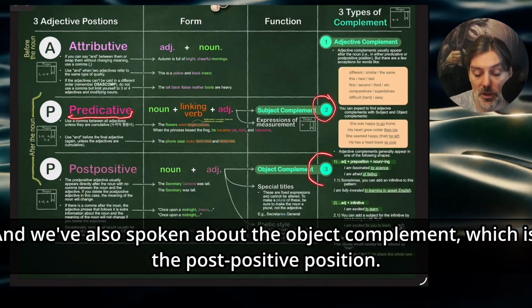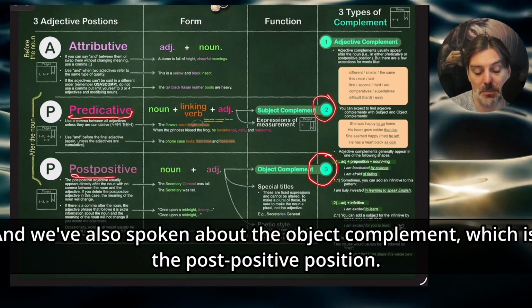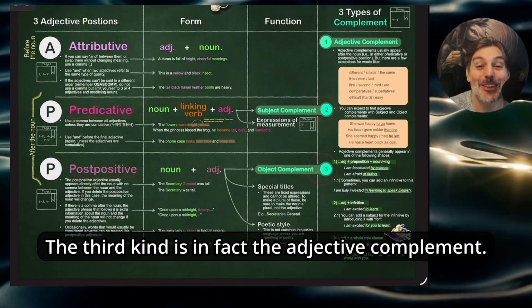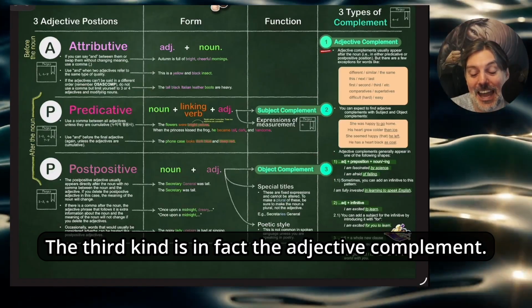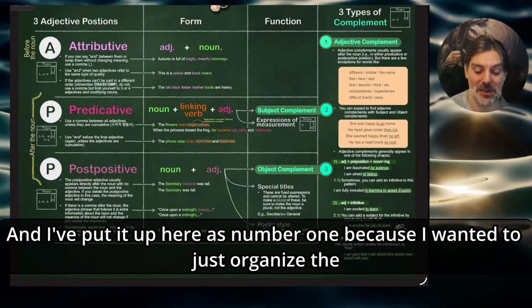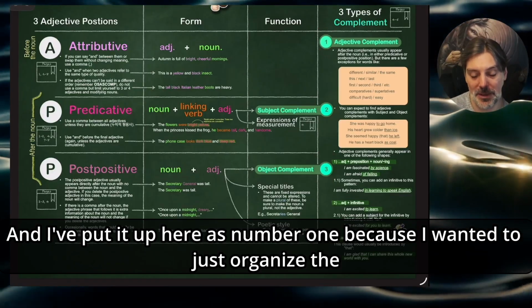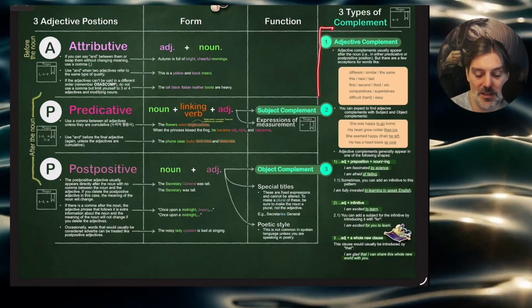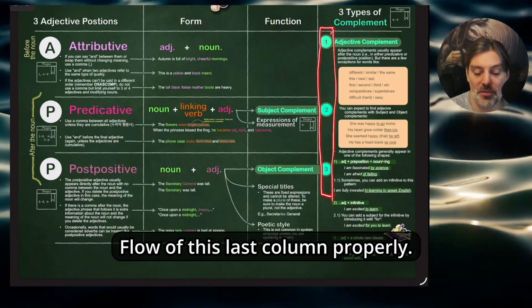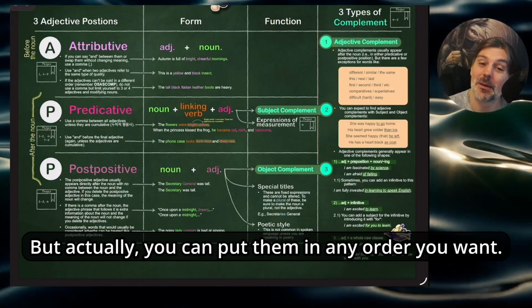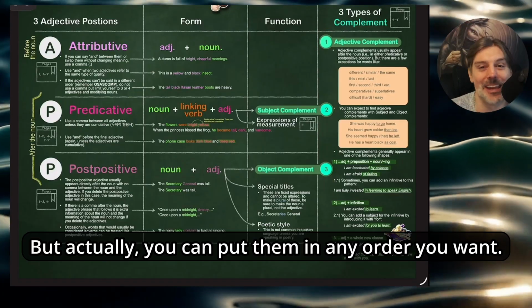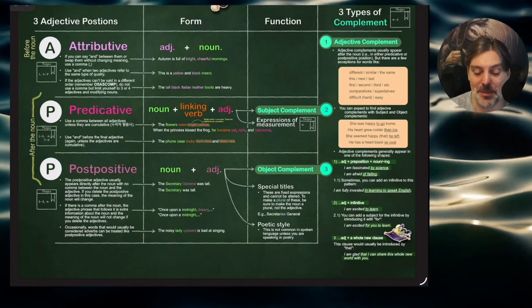And we've also spoken about the object complement, which is the post-positive position. The third kind is in fact the adjective complement. I've put it up here as number 1 because I wanted to organize the flow of this last column properly, but actually, you can put them in any order you want. There's just 3 of them.